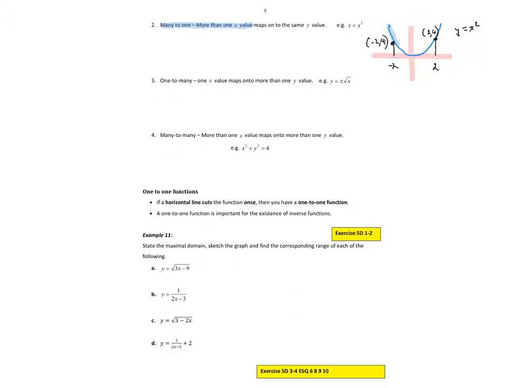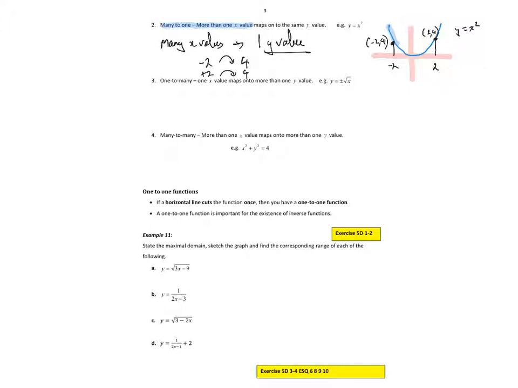So what we're saying is many x values map onto one y value. So in other words, many being negative 2 and 2. So negative 2 maps onto 4. Positive 2 maps onto 4.